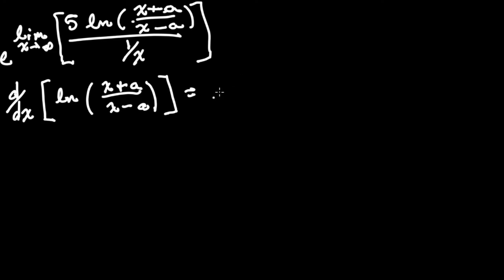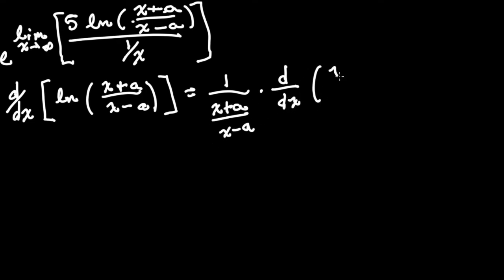And that means that we're going to have 1 over (x plus a) over (x minus a), times the derivative of this, (x plus a) over (x minus a), which, if we simplify this in our next step, is (x minus a) over (x plus a).